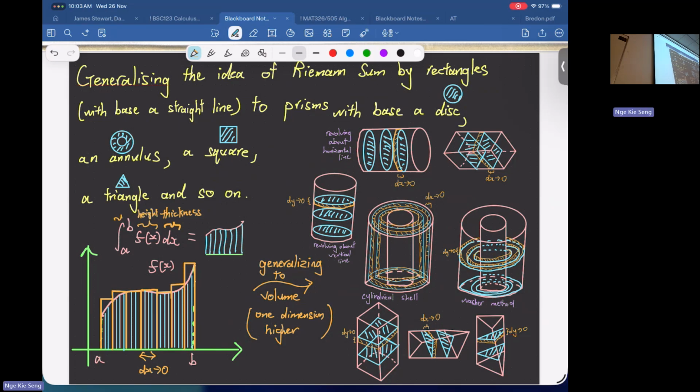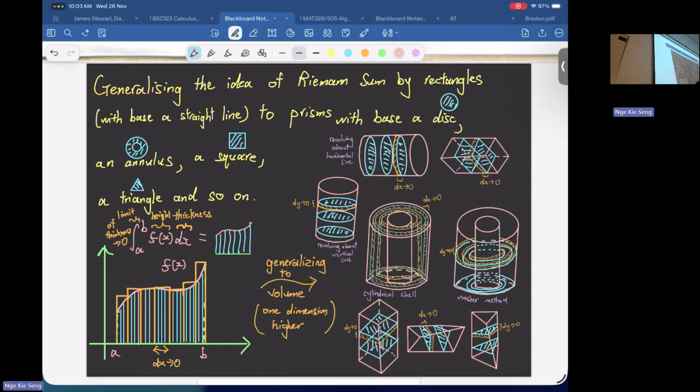And then this integral sign is the limit as the thickness goes to 0. So this is the geometric meaning of the integral. Does it make sense?